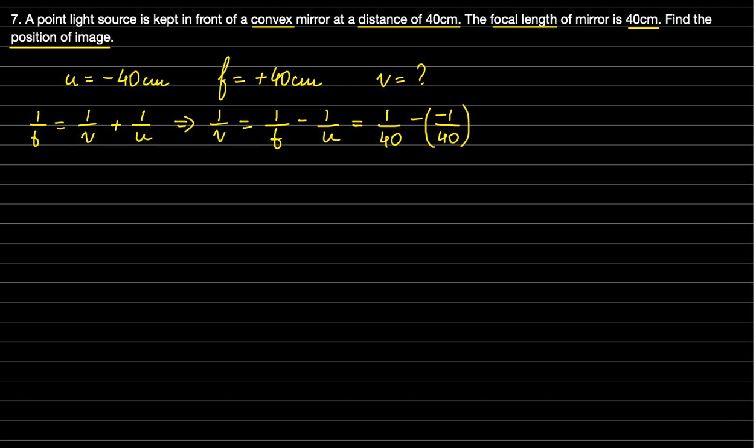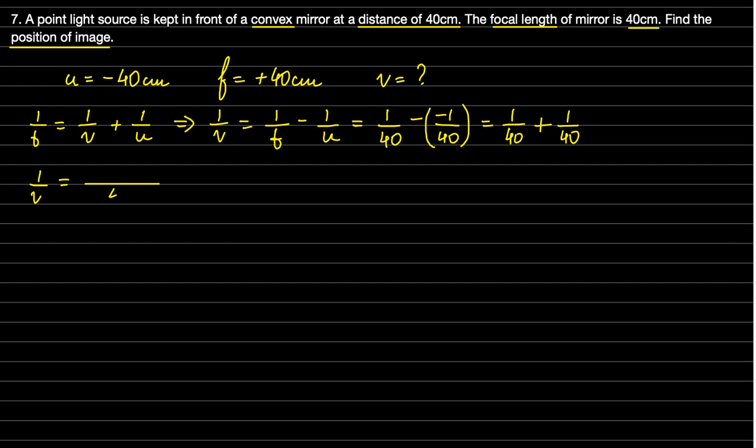So minus into minus is plus. So what we get here is 1 by 40 plus 1 by 40. So I can write it as 1 divided by V is equal to, the LCM happens to be 40 and 40, LCM will definitely be 40 only.